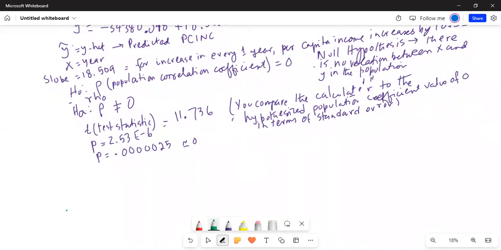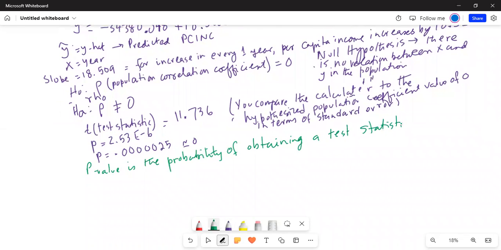So what is the P-value? I should write that down. P-value is the probability of obtaining a test statistic as extreme as, in this case, 11.736.